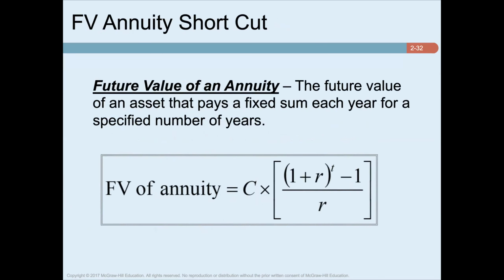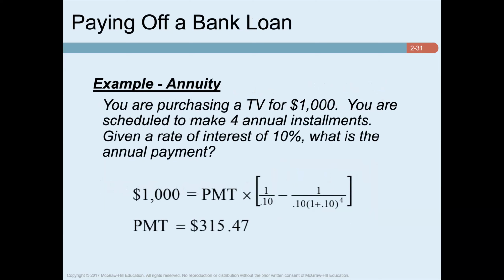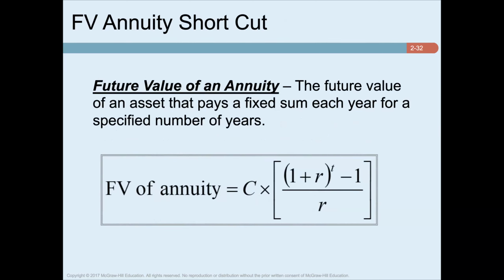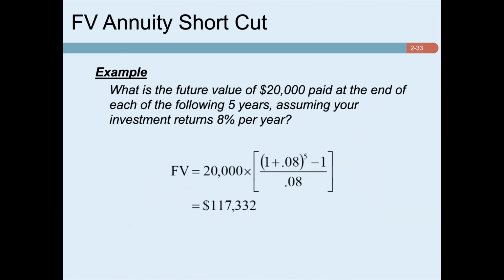Future value. Instead of using this, we kind of convert it. So it will be 1 plus r to the power of t minus 1, divided by r. So future value of annuity, let's say $20,000 paid at the end of each of the following 5 years.